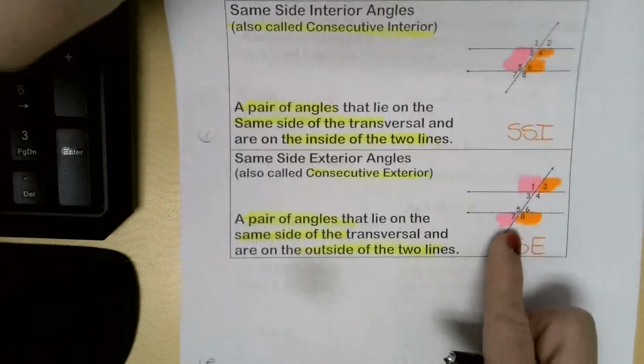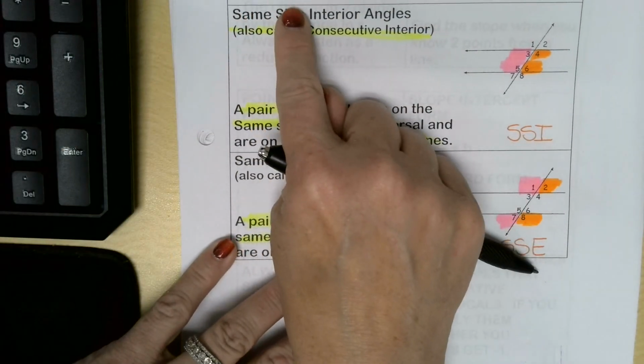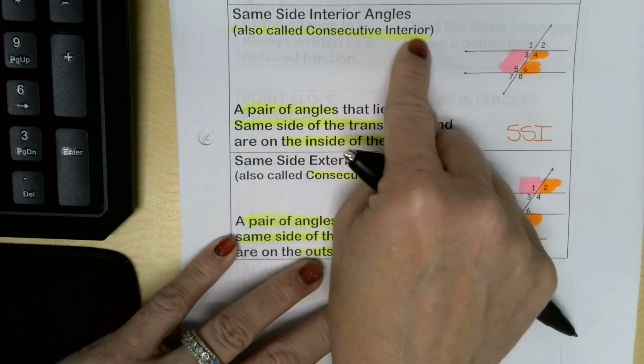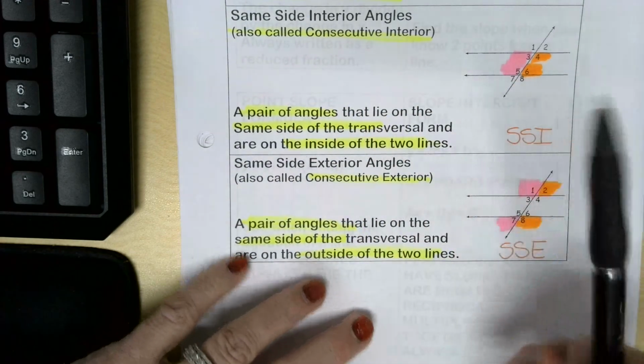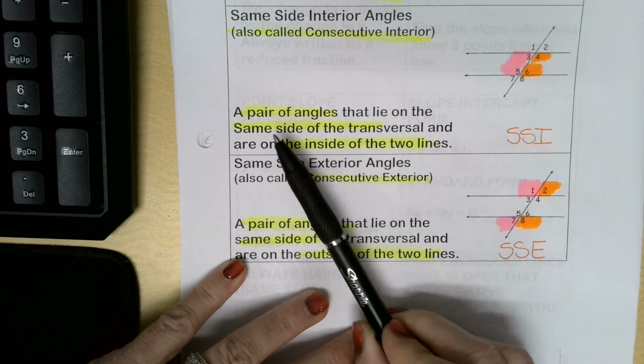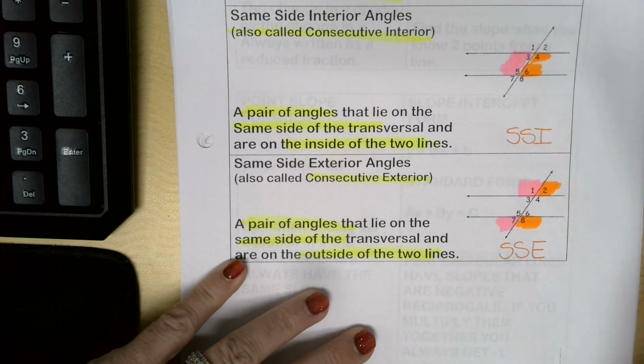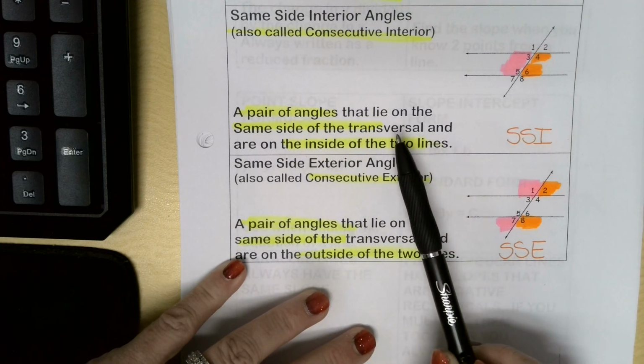Okay, then we have what's called same side interior angles, and we will also call them consecutive interior angles. These are angles that are on the same side of the transversal, and they're on the inside of the two lines.